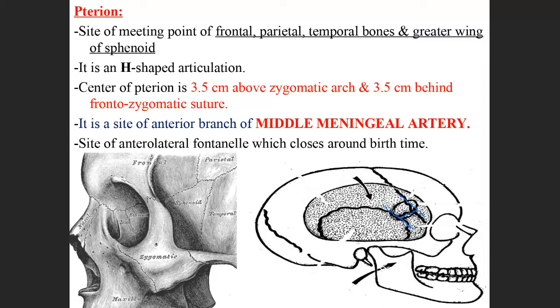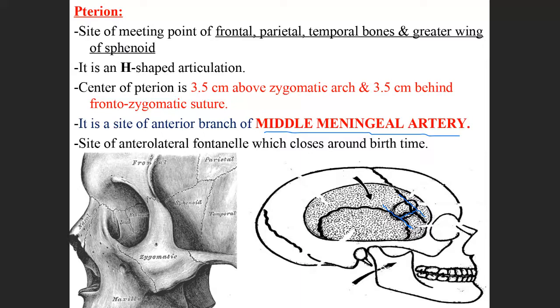Okay. So this is the junctional place, at what exact area it is present. And then this is one of the important structures. What is the important structure that passes there? The middle meningeal artery.